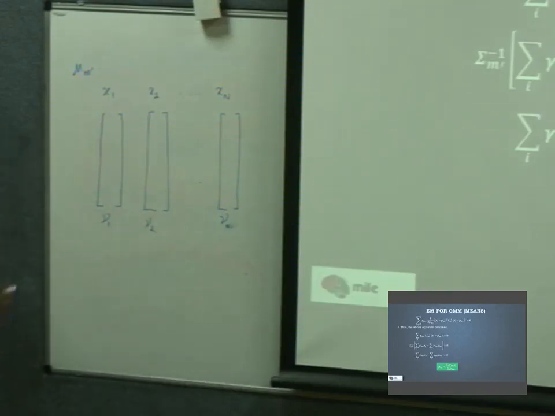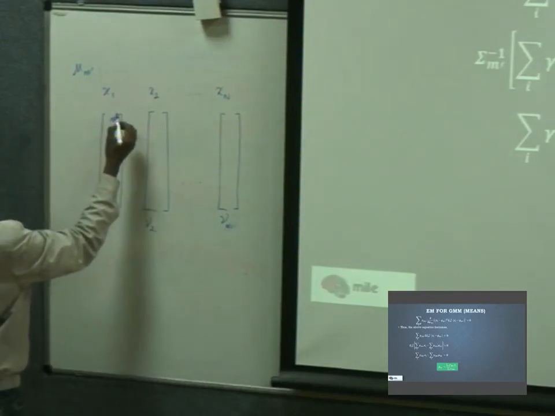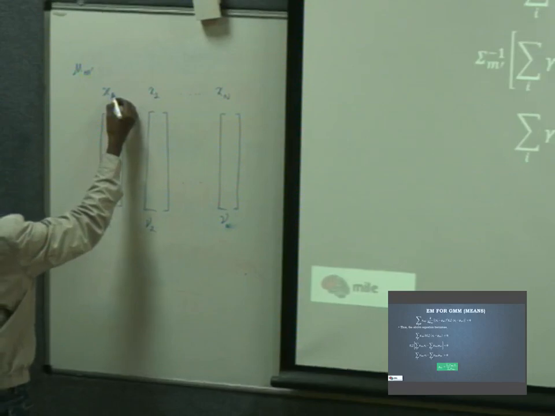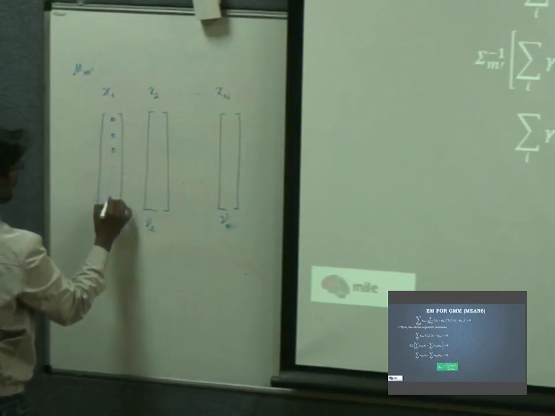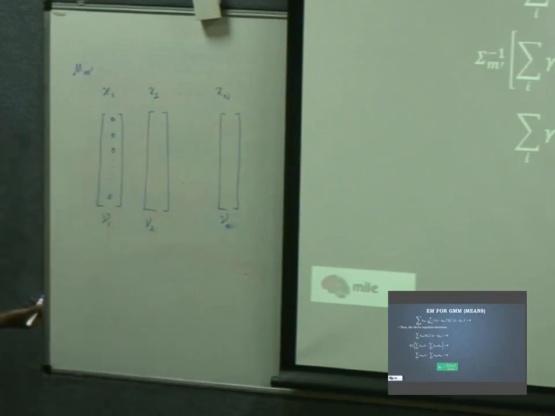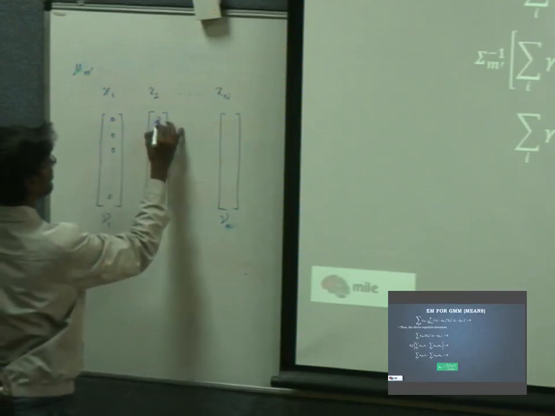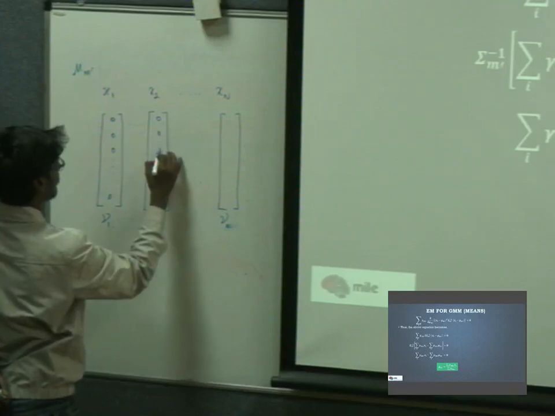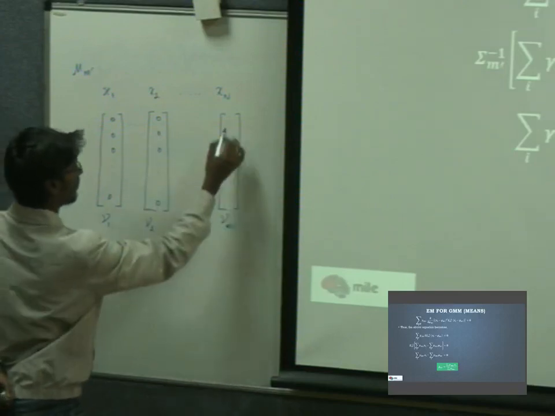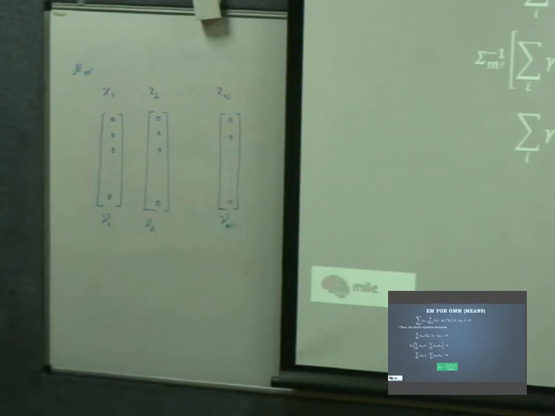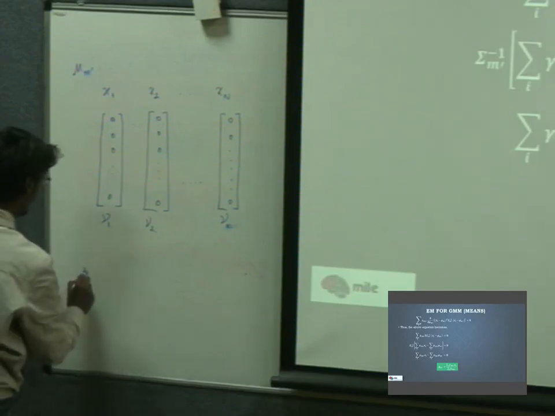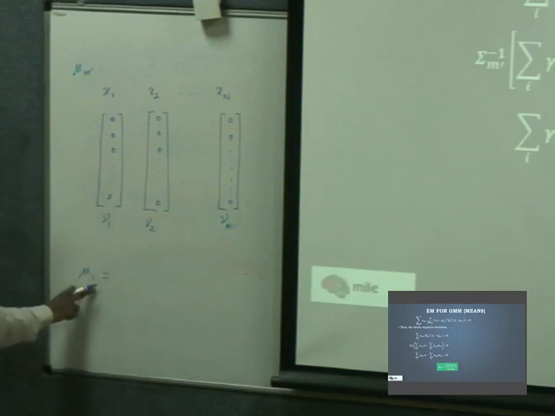This will tell you the probability that this vector came from the first component, second component, third component, and so on up to the mth component. Similarly for the second vector. Now what we are interested in is the mean of the first component, which means you have to find mu1.